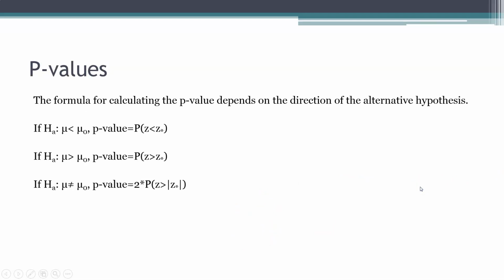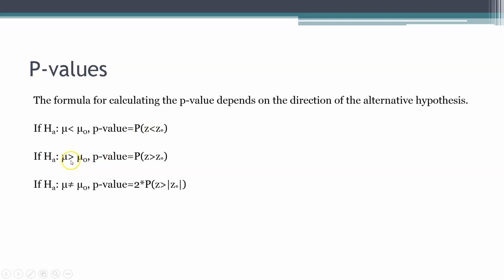All right, so moving on to p-values. There are 3 formulas for calculating the p-value, and which one depends on the direction of your alternative hypothesis. If your alternative hypothesis is mu less than mu naught, then your p-value is going to be the probability z is less than your test statistic.